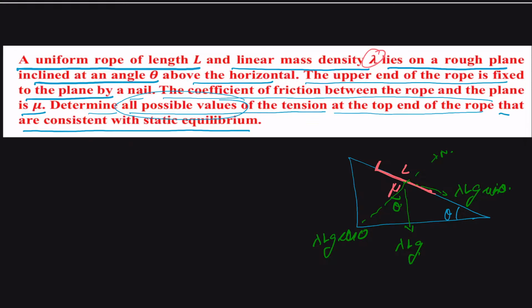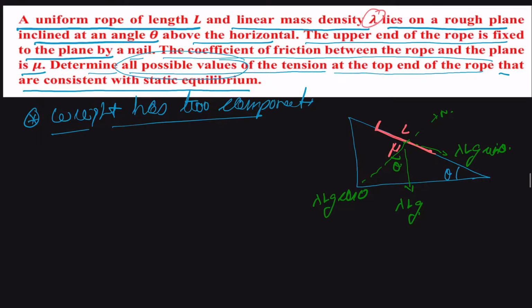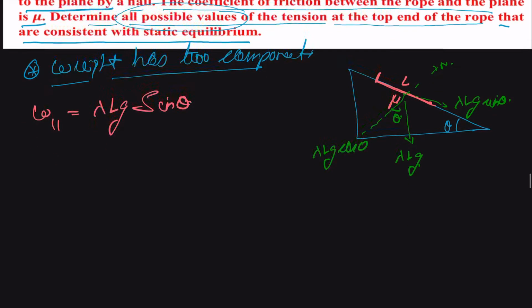So we can say that our weight has two components. One is the parallel component, down the inclined plane, so let us call this W parallel, that is lambda L g sine of theta.